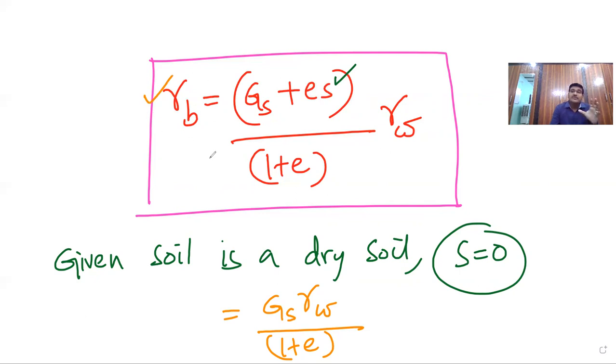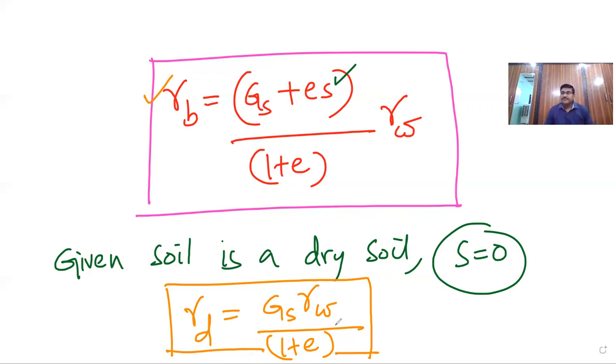This term is associated with what type of soil? Dry soil. So the bulk, the total density of that soil becomes the dry density. Gamma stands for density, so the density becomes dry density. This formula is simply reduced to this one.